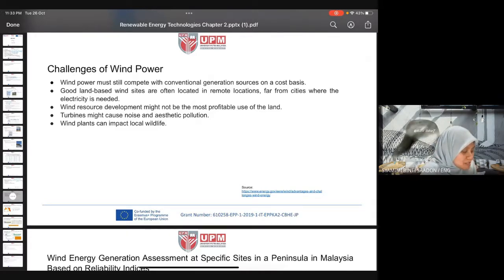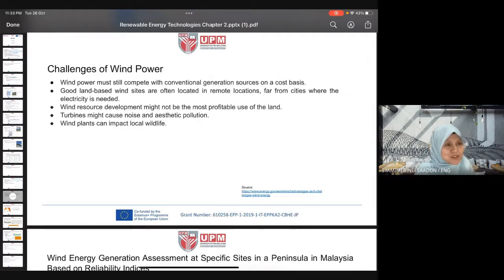Good land-based wind sites are often located in remote locations, so we need enough site area. The location is always remote, in the villages, far from cities where the electricity is needed.